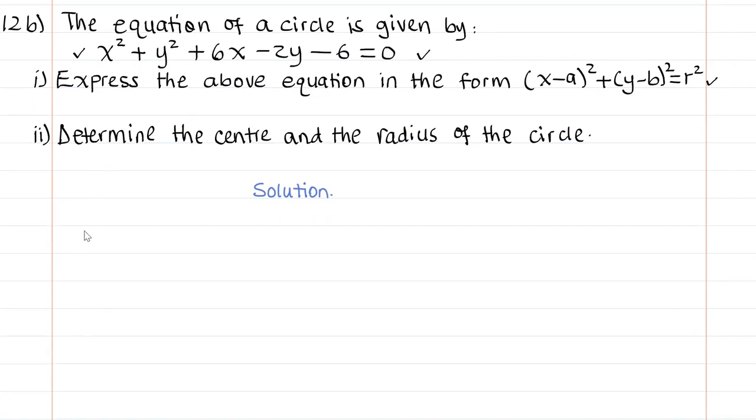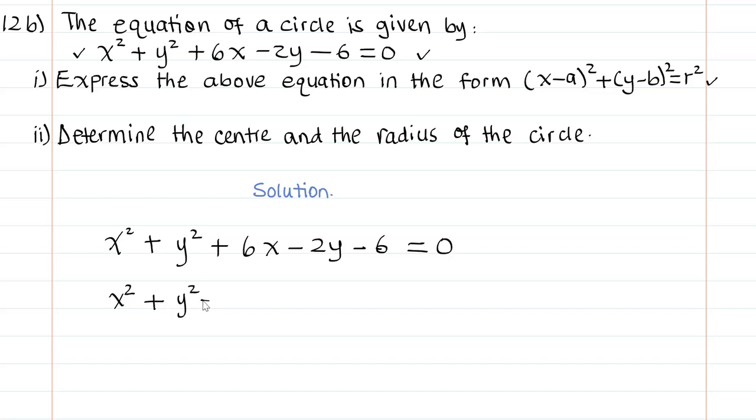if you look at that given equation, let me copy it here to guide us. We're given x squared plus y squared plus 6x minus 2y minus 6 equals 0. This is the expanded form. But the general formula for the expanded form is x squared plus y squared minus 2ax minus 2by plus c equals 0.